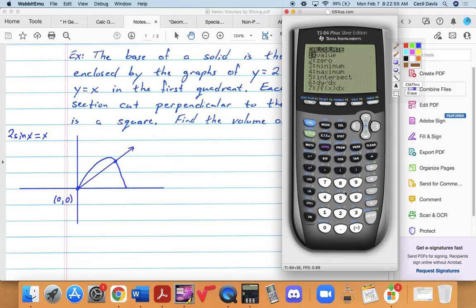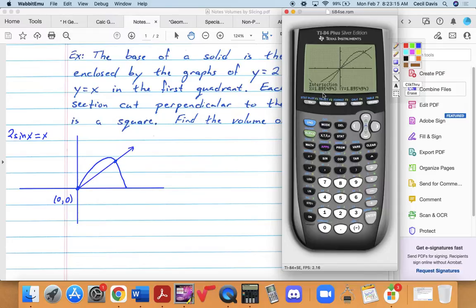So let's find the point of intersection. First curve, second curve, it's somewhere close to 2. 1.895. Again, I'm off in the thousandths place this time.